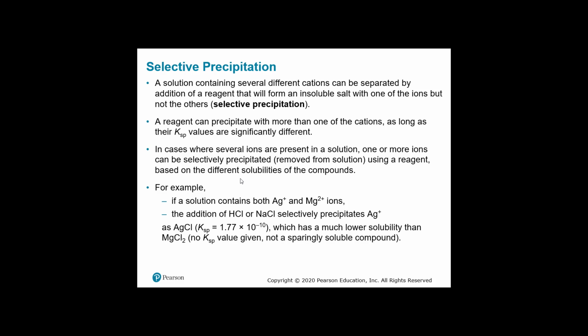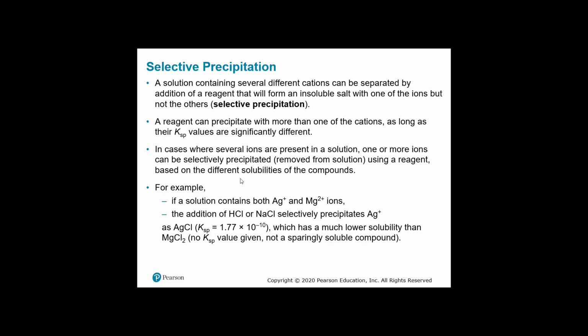So for example, if you have a solution that contains silver and magnesium ions, the addition of HCl or NaCl selectively precipitates silver, since silver chloride has a KSP of 1.77 times 10 to the negative 10, which has a much lower solubility than magnesium chloride. Basically, they didn't give the value for the other one, which doesn't make sense to me.